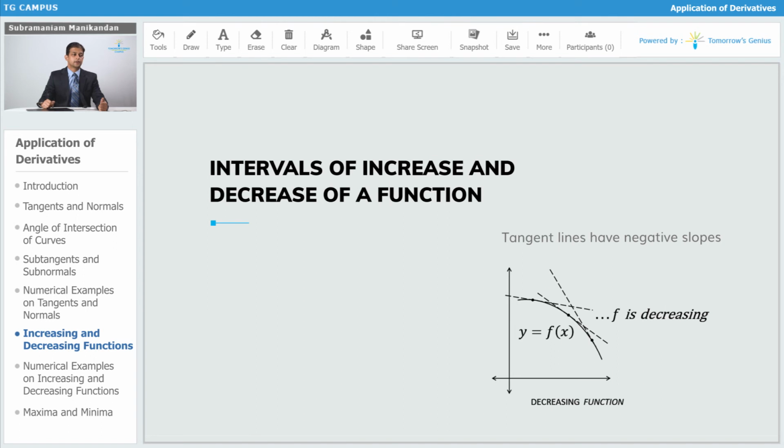Let us look at another function which is decreasing, and again we draw two tangents as illustrations to show that these tangents make obtuse angle with the positive direction of x-axis, and therefore they have negative slopes. And therefore when a function has negative slopes for tangents, it is a decreasing function.